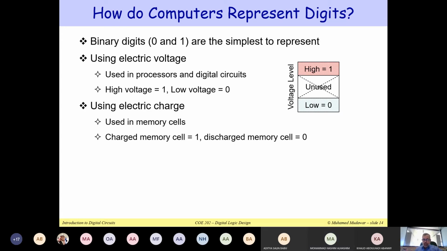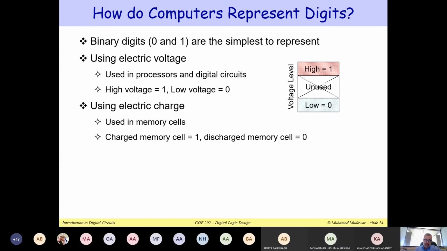We can use electric charge, for example, inside the memory of a computer system. Inside a memory cell, inside the main memory of a computer, people use tiny capacitors. When they charge the capacitor, they are storing a 1. And when they discharge the capacitor, they are storing a 0. They use a very tiny electric charge to charge and discharge it.